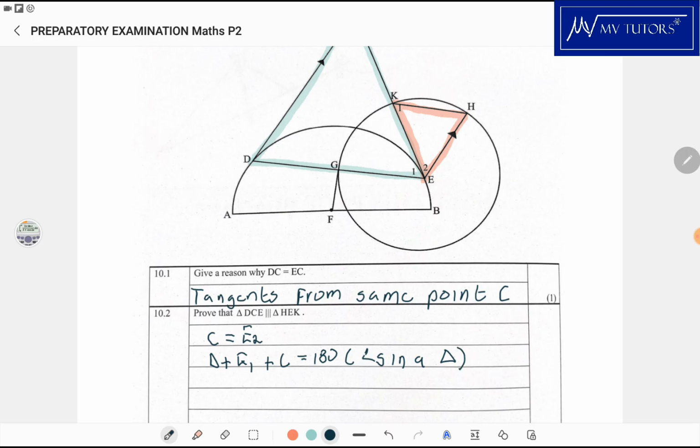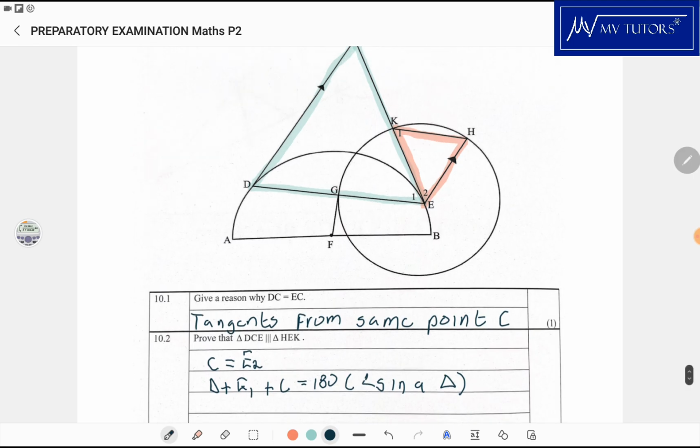But now you can actually see that E1 is equal to D because it's an isosceles triangle, but that's not the reason. The proper way to write it is to say angles opposite equal sides.